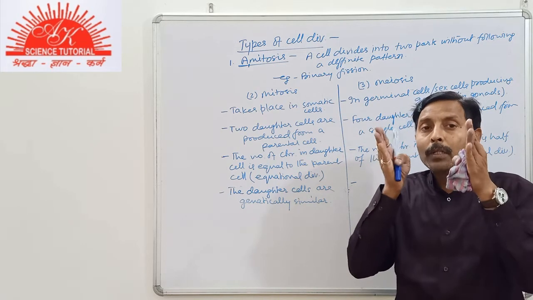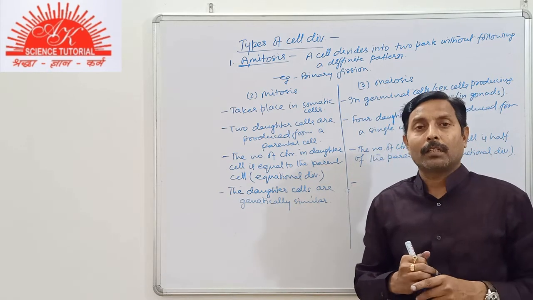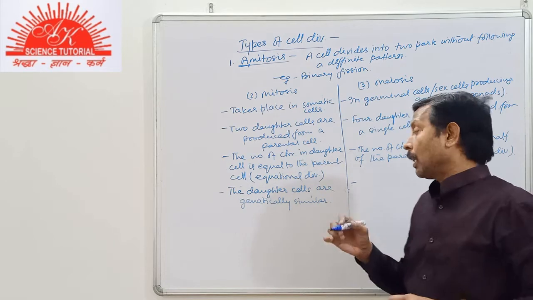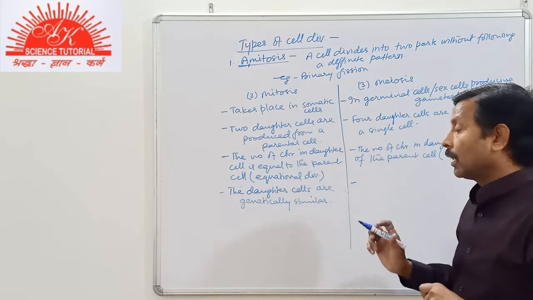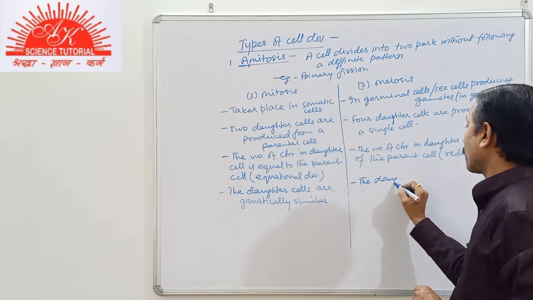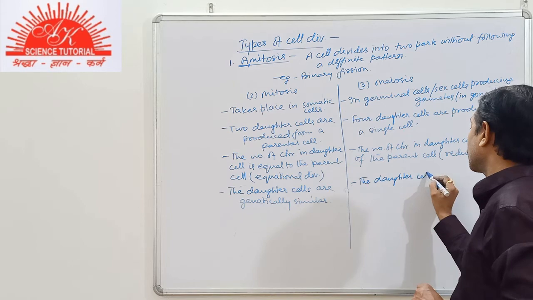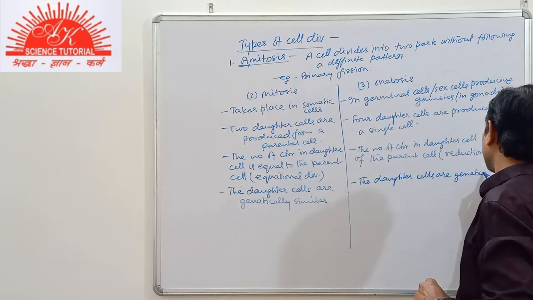Hence, between the maternal and paternal chromosomes, the segments are exchanged in different proportions. As a result, the daughter cells will have different genetic composition. So the daughter cells are genetically dissimilar.